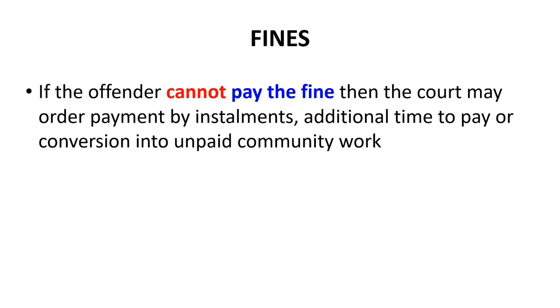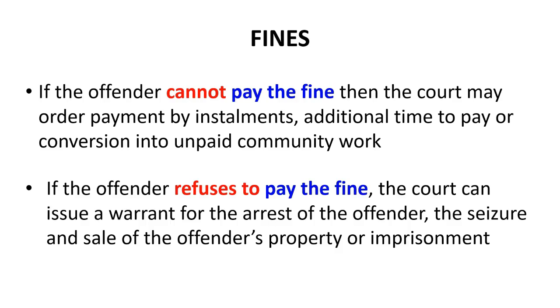Finally, the court might order that the fine be converted into unpaid community work. That is, instead of having to pay a fine, the offender is required to do community service work for which they are not paid. It's a different story if an offender can pay a fine but refuses to pay the fine.